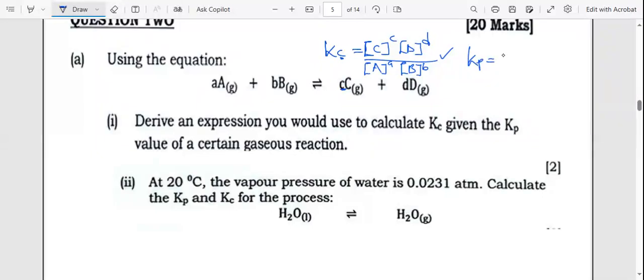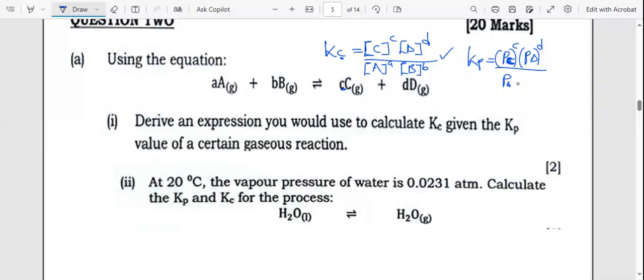Then Kp will be given as the partial pressure of C. This one we don't put those curly brackets, we put normal brackets. Raised to the power C, again the partial pressure of D raised to the power D. It is expressed in terms of pressure, partial pressure.